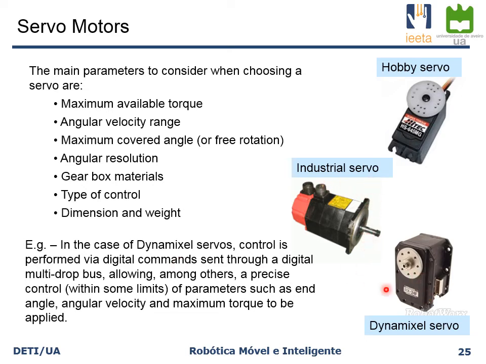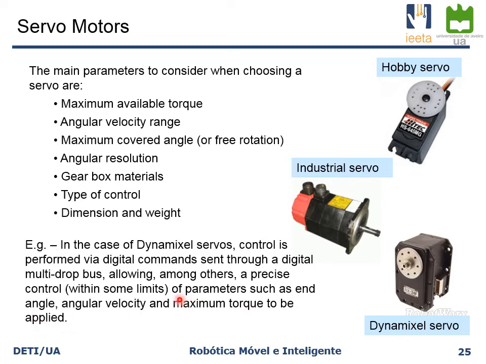In the case, for instance, of these Dynamixel servos, the control, instead of being done through the modulation of a pulse, is actually done by sending digital multi-drop messages through a multi-drop bus, and this allows, among other things, a precise control, within some limits, of course, of parameters such as the end angle, the angular velocity that you want to use to reach that angle, and the maximum torque to be applied.